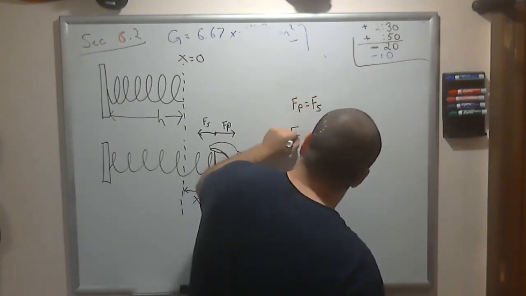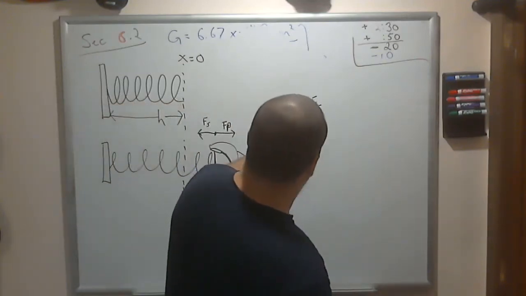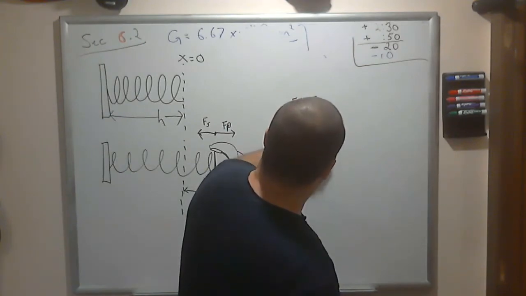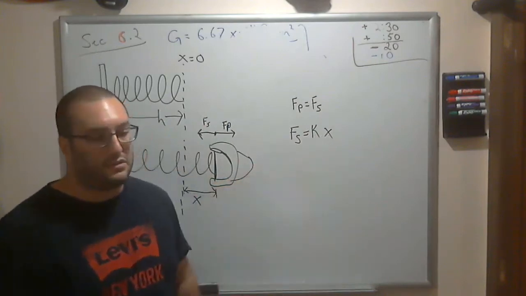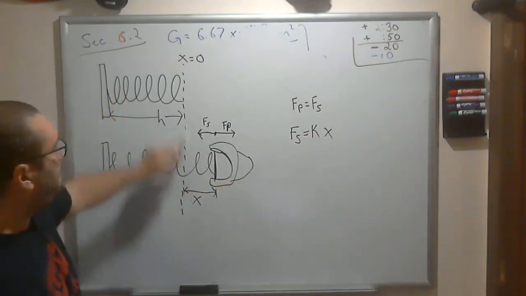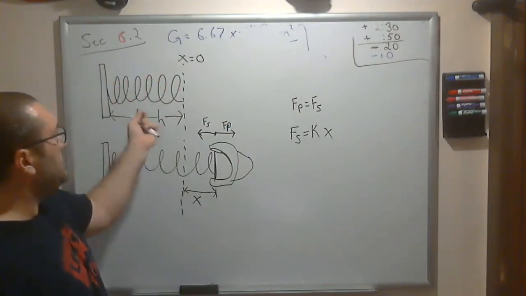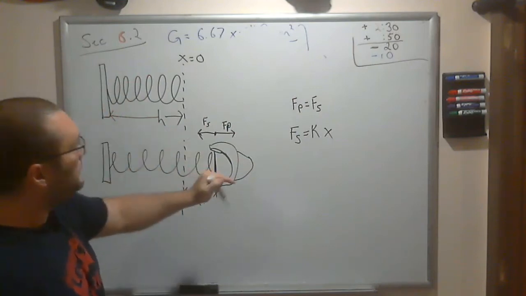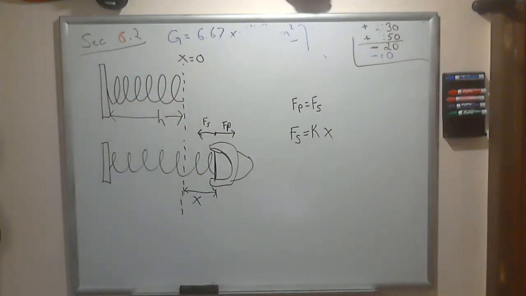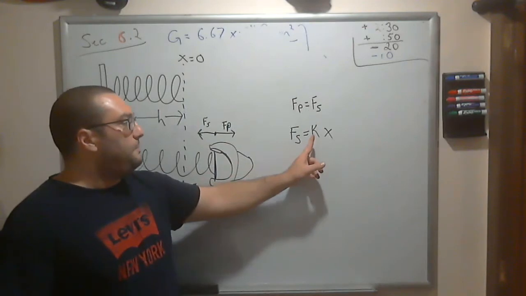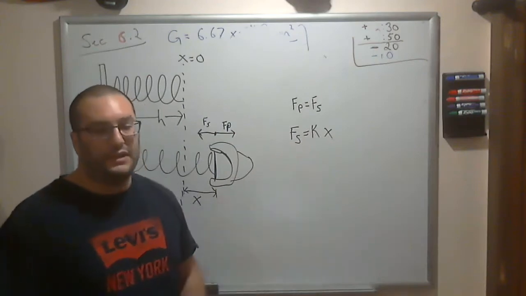And then Fs, if we actually measure the force that we apply, Fs turns out to be K, this value K times X. And X is the displacement from equilibrium. So it's really a delta X. It's from its equilibrium position without any force applied, right? Now this K is called the spring constant. All it is a proportionality constant that relates the displacement to the force, and this is measured empirically.